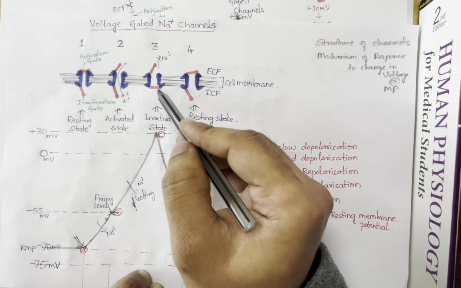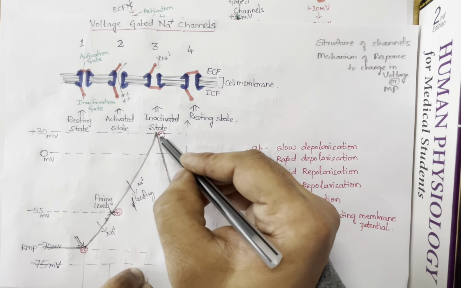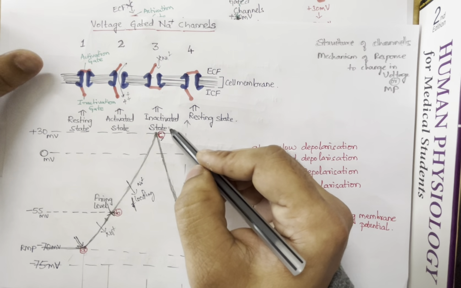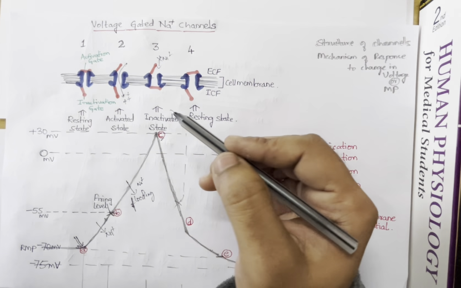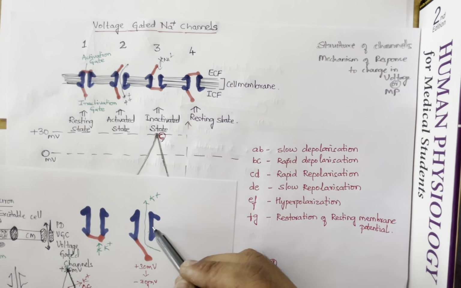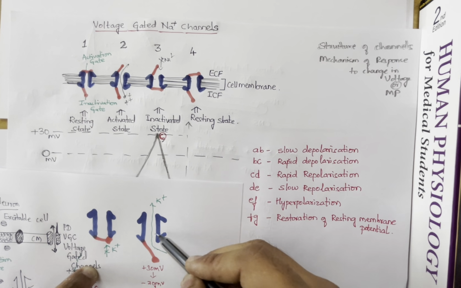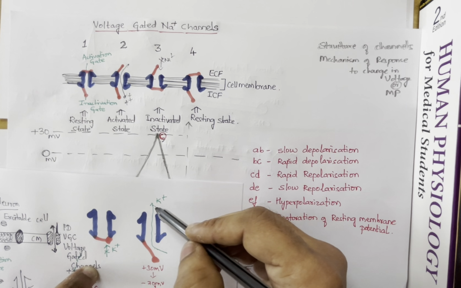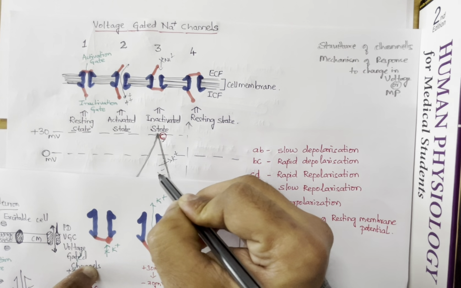Simultaneously, at point C, voltage gated potassium ion channels start opening so that the positivity is taken out. That is restoration of the polarized state.